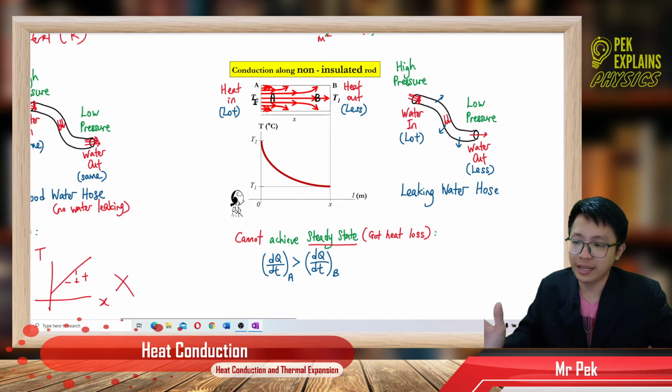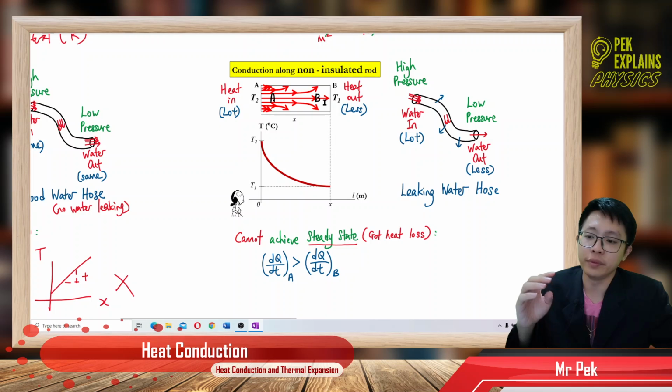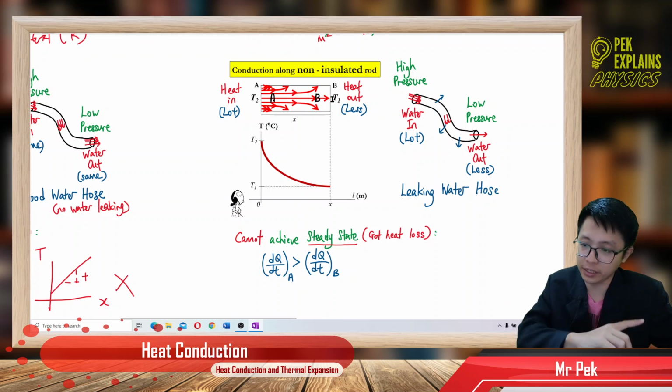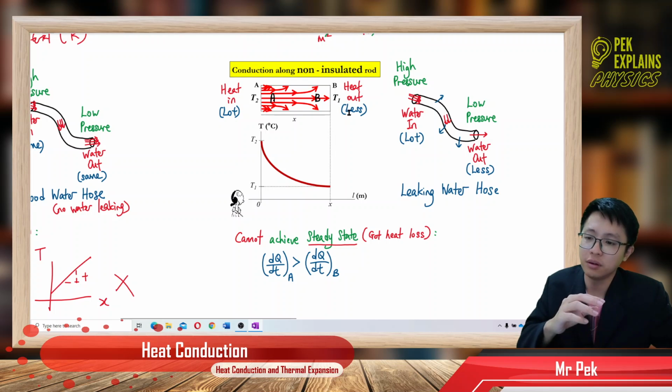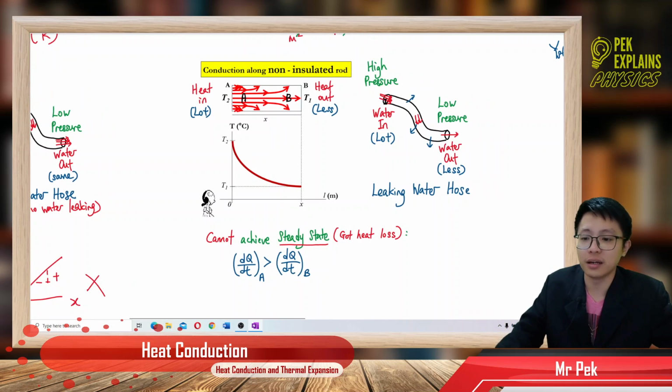So when heat comes in from part A, a lot of heat in, but the heat going out from the other end, which is B, is only a little bit, because the majority of the heat is already lost through the center of the rod. It's just like a leaking water hose.